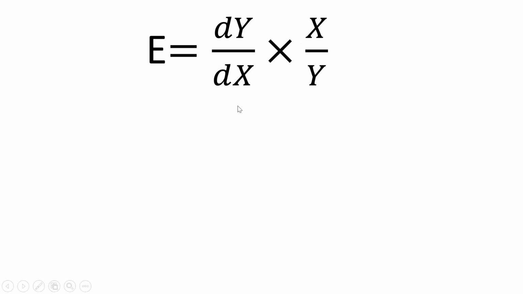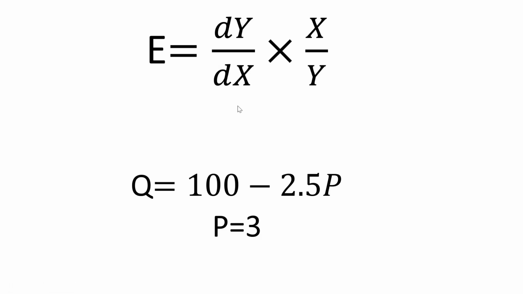Let's take an example. We have this function, Q equals 100 minus 2.5p. At the point where p is 3, we are supposed to find the elasticity. Let's understand that because of this negative, we can assume this is a demand function. What do we do? We need to take the derivative of the variable with respect to its determinant.